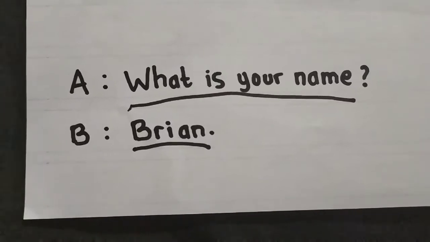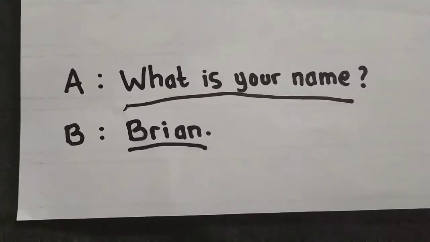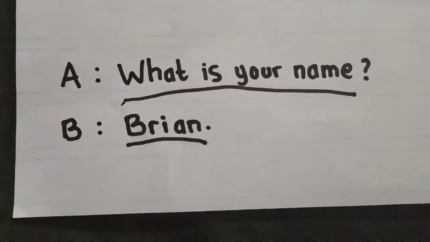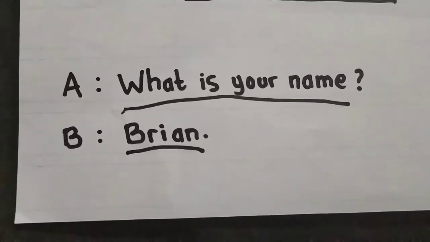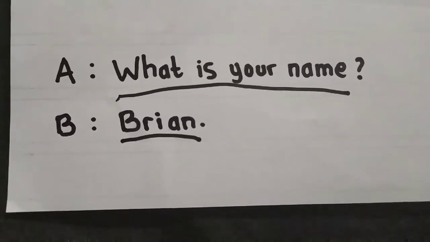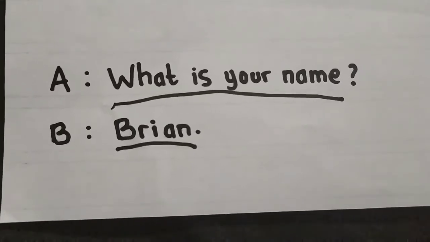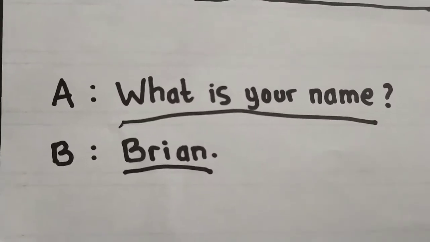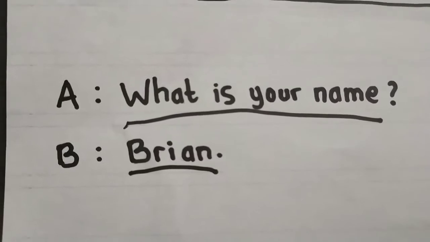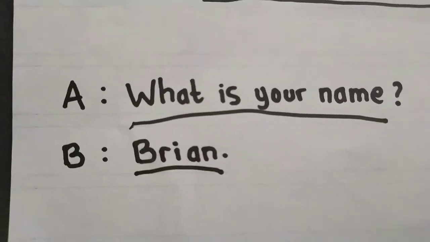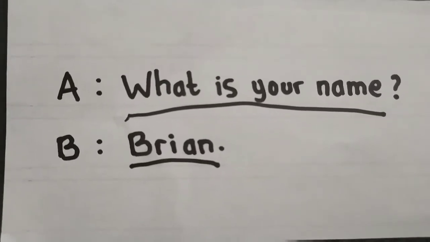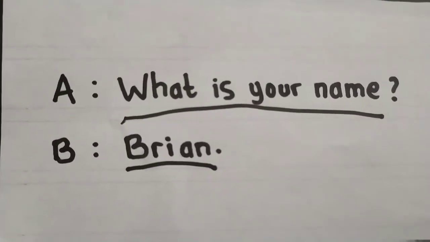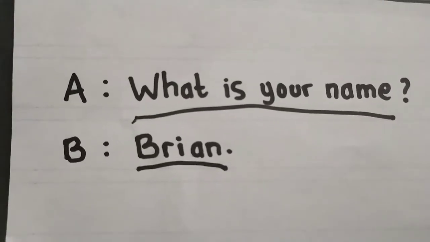What is your name is an indicator of the non-elliptical clause. Brian is an indicator of the elliptical clause. Listeners and or readers can understand the clauses they read or hear since these bits are recoverable from the accompanying text.